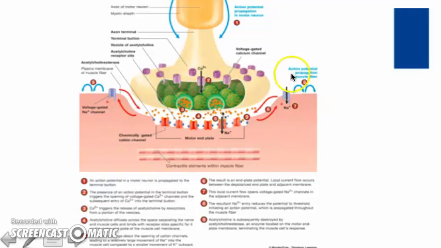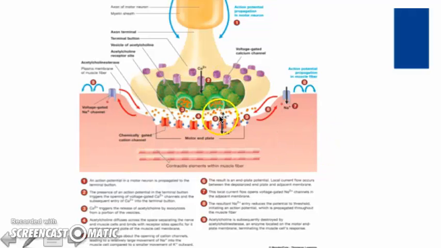Sodium is going to play a significant role in this process. Sodium's ability to rush into the cell as sodium channels open, and then promote a depolarization and thus an action potential, is going to play a significant role in the stimulus for promoting muscle contraction.